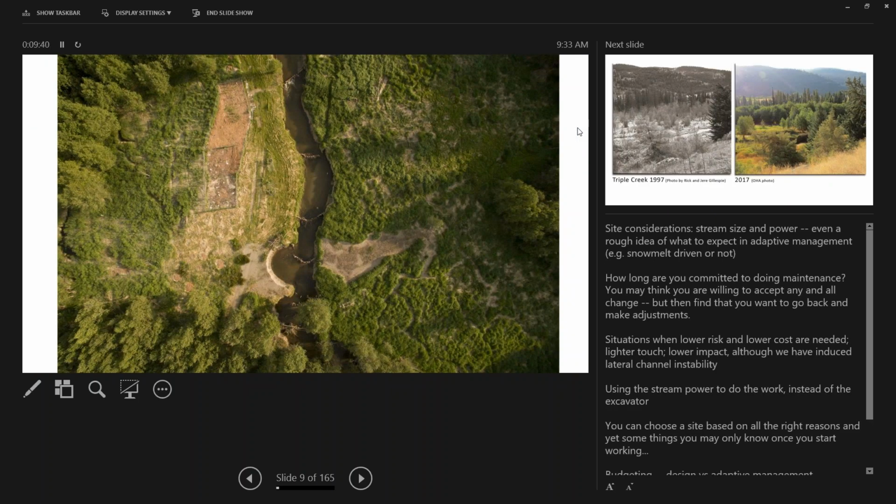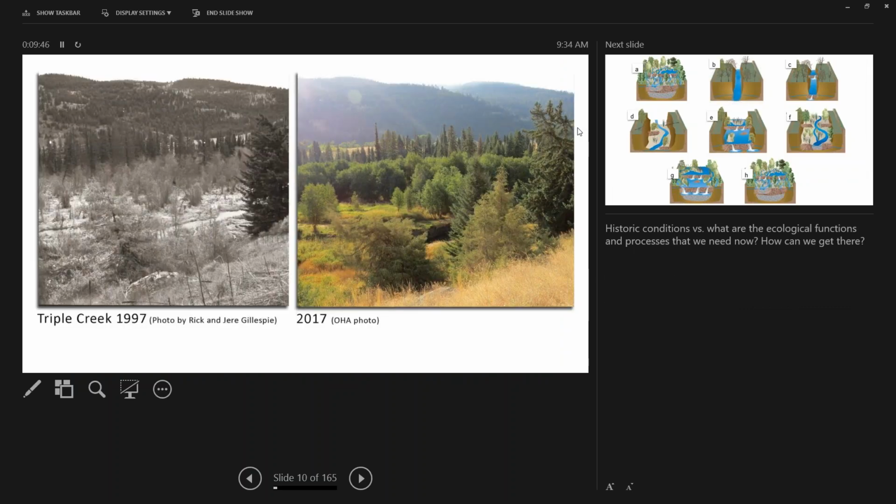This is just showing from the air what our project looks like midstream. Here's a before and after. We only have a couple of pictures of the site from before it was incised. Joe, did you ever see the site before it incised? Joe Lang? I don't think so. No, okay. Joe came out to the site before we started the project and did a lot of surveying when NRCS was potentially going to be involved on site.